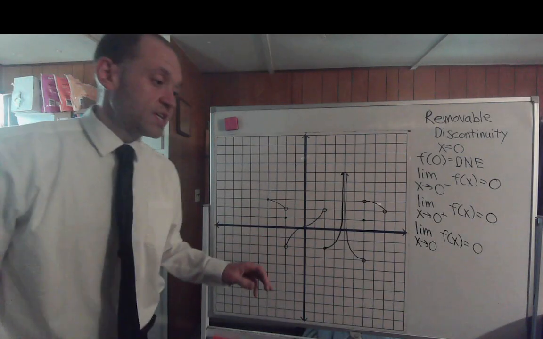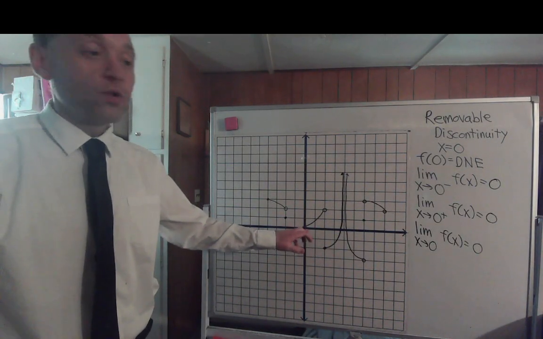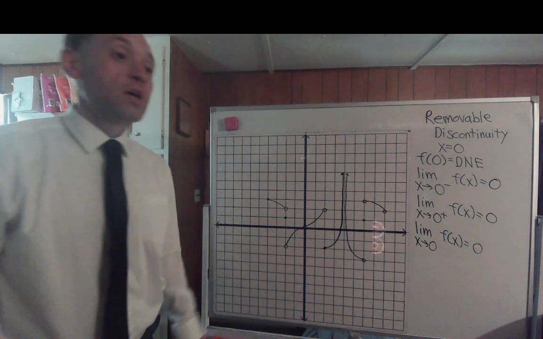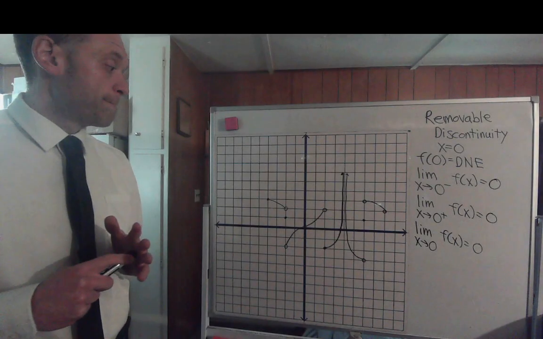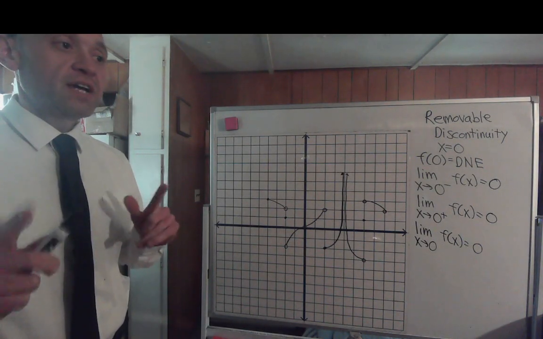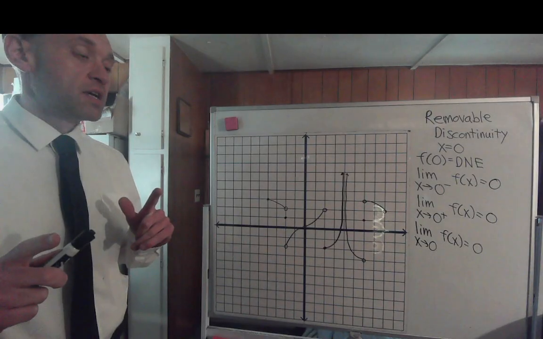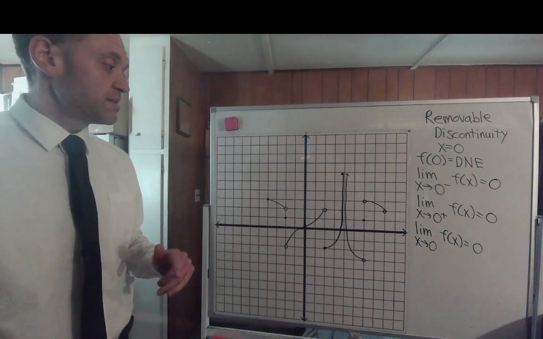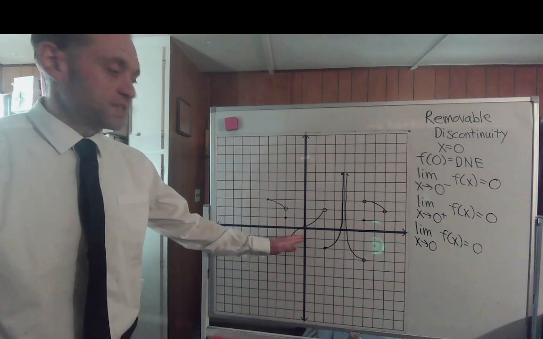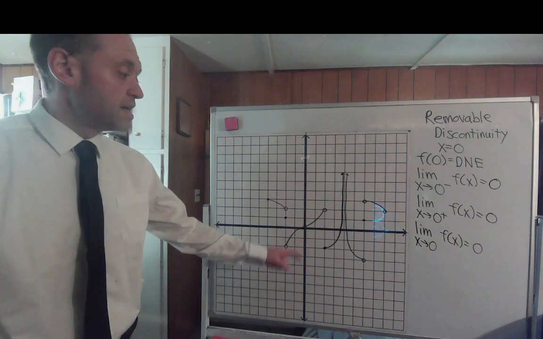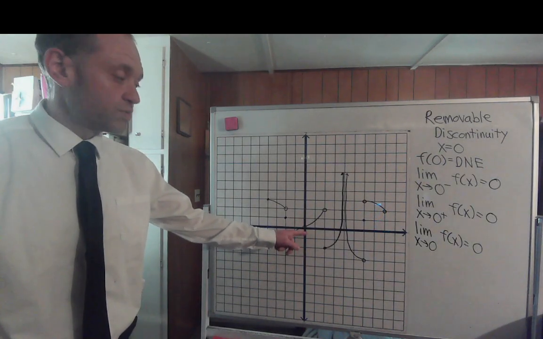Is this function continuous from the left, right, or neither? Removable discontinuities can really stump people. Do yourself a favor: for a second, pretend that this left branch doesn't exist, because after all, this is a removable discontinuity.